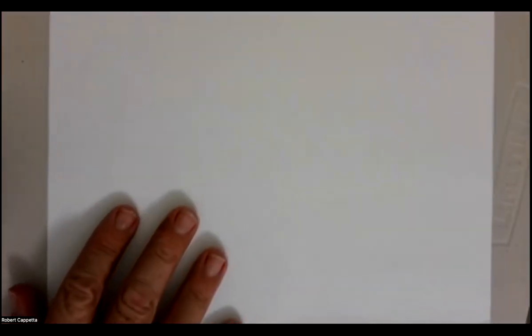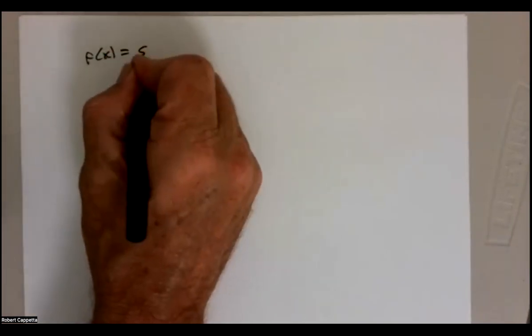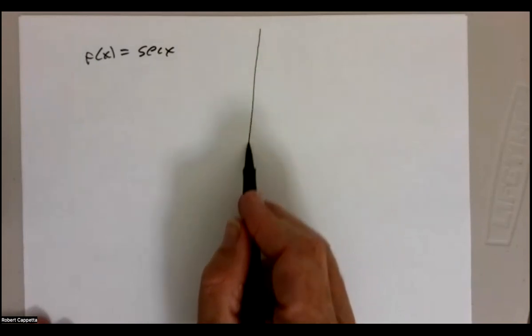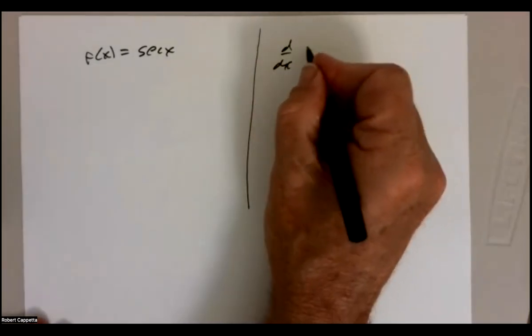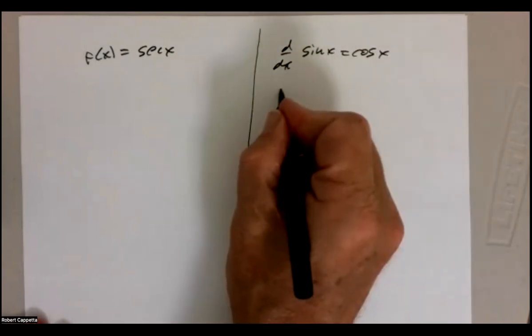The next thing asks me for the second derivative if I am working off secant x. So if I have f of x is secant x, hopefully we know the derivatives of all of the trig functions. These should be memorized. Let's put them down here. Derivative with respect to x of sine x is cosine x.